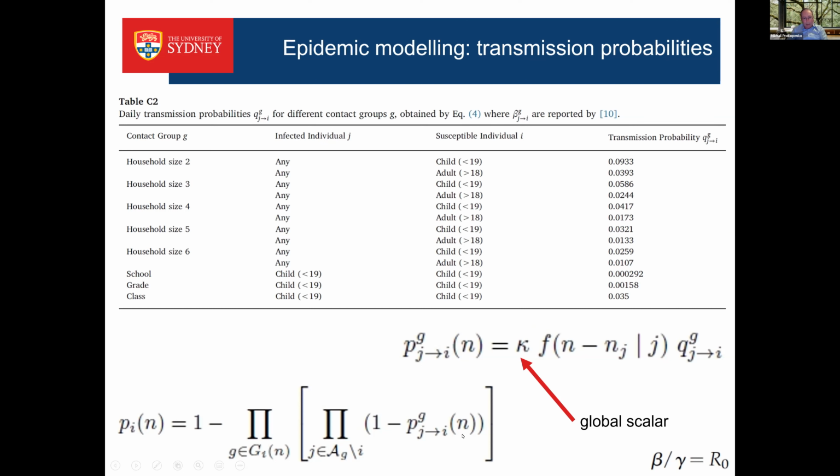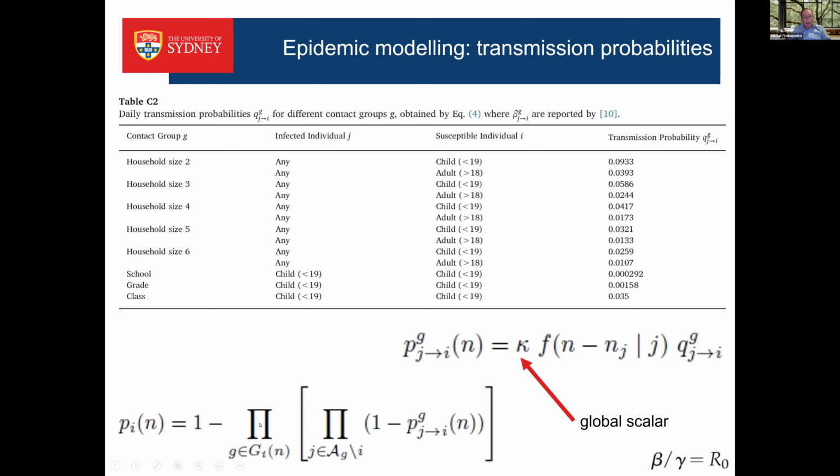So why do we have this 1 minus something and 1 minus something? It's a probability of not being infected. So you multiply probabilities of not being infected given some potential infectious neighbors. And once you multiply them across contexts, that is the probability of you being not infected.